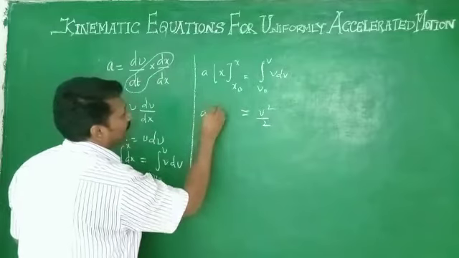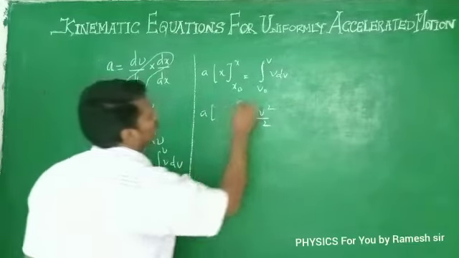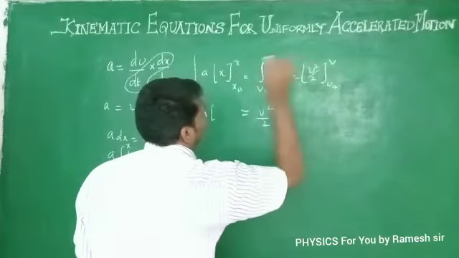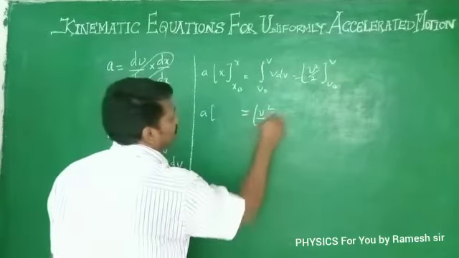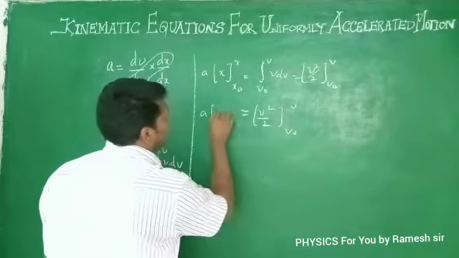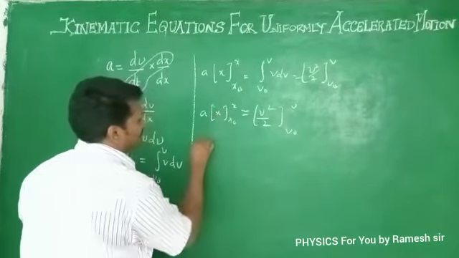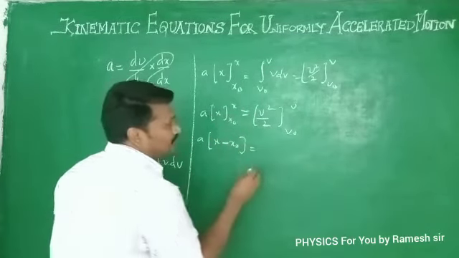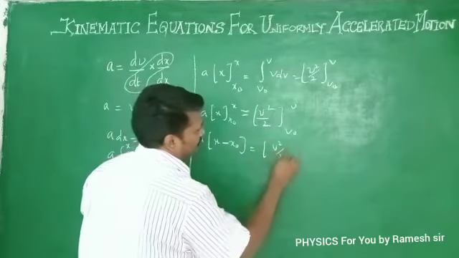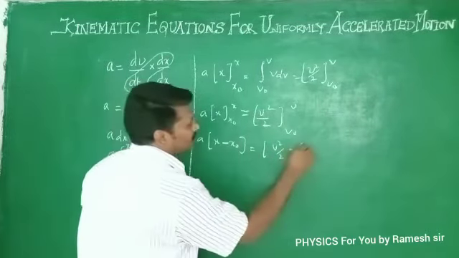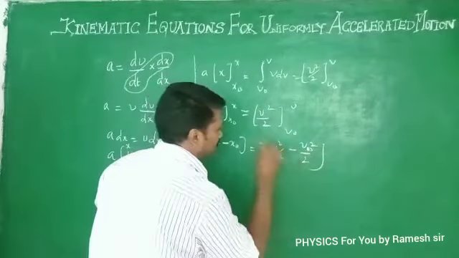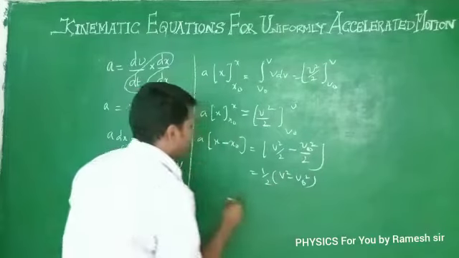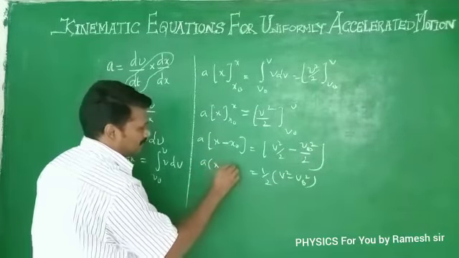Substituting the upper and lower limits on both sides, we get v square by 2 minus v naught square by 2, or one half times (v square minus v naught square), equal to a times (x minus x naught).